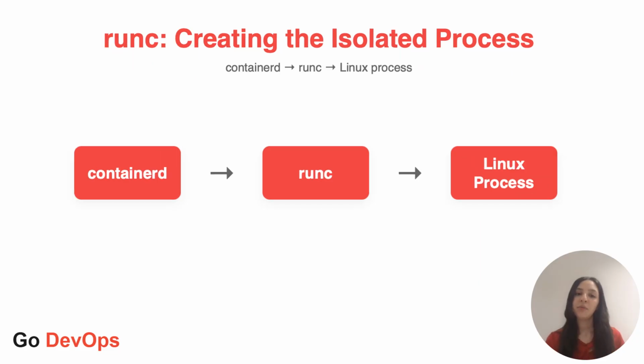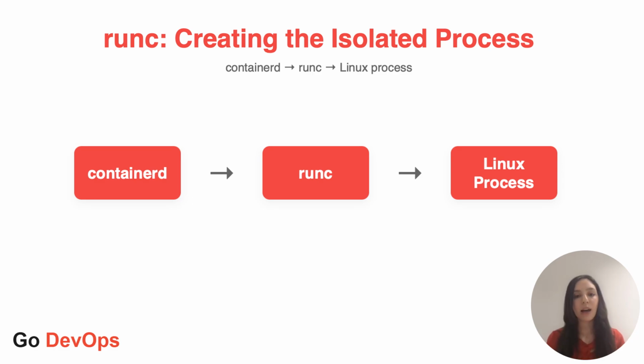So now that the container image has been pulled and the environment has been set up, we arrive at the next key step, which is creating the container process. This is where the runc command comes into play. Once the host has set up the environment, the runtime hands control over to runc, a low-level tool that actually creates the containerized process. runc takes care of setting up the process within its own isolated environment, applying the namespaces and the cgroups that were configured earlier.